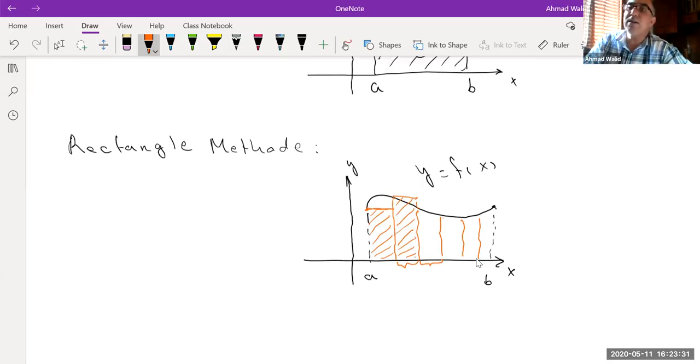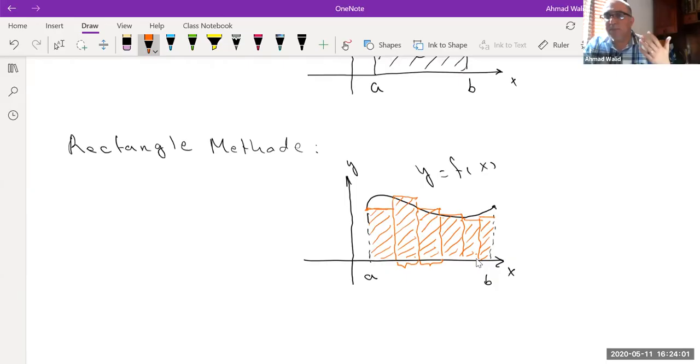And I already know the formula for a rectangle. It's easy to calculate the area, right? This one will go this way, and I calculate it easily. This side goes like this, and I calculate, and this side goes here, I can calculate, and this side goes here, I can calculate, correct?